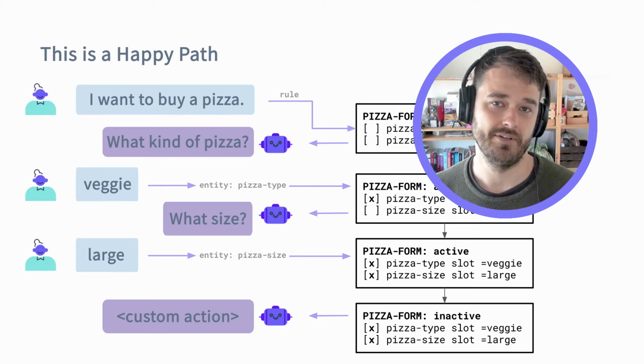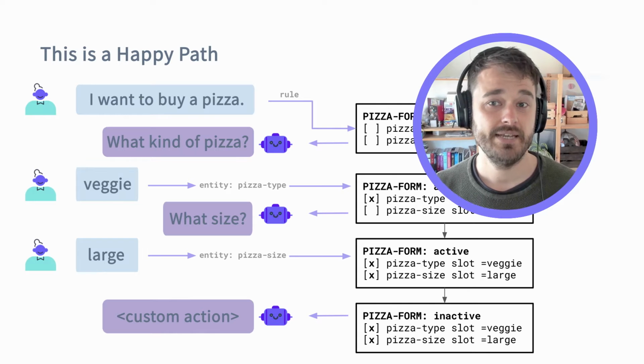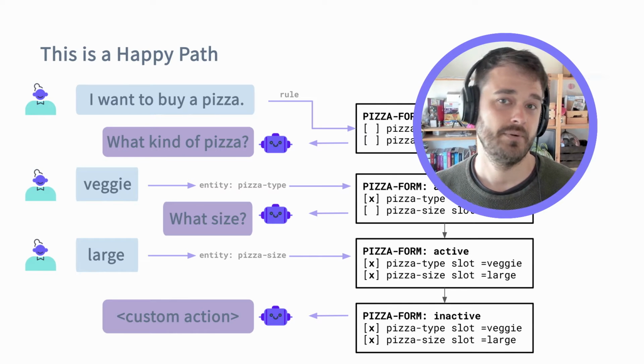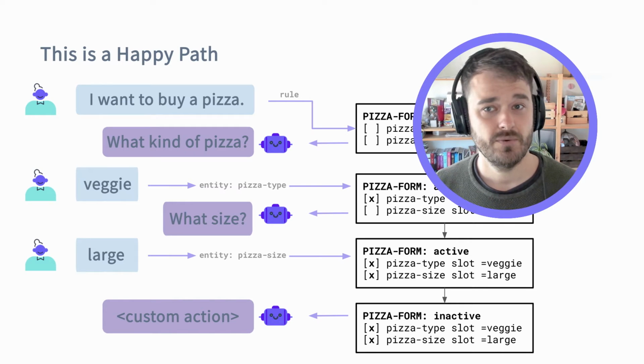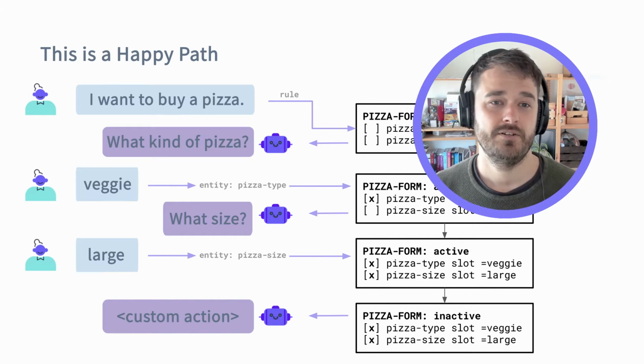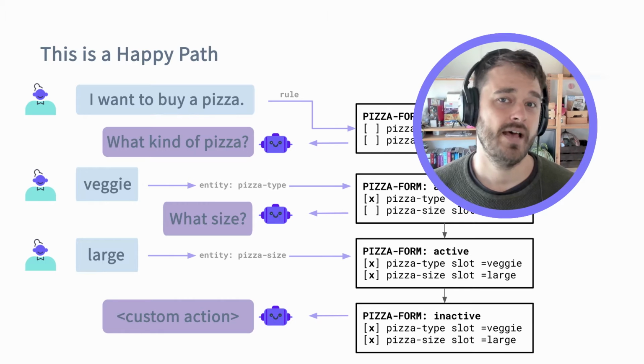Keeping that in mind, if we look back at the diagram, it demonstrates a great starting point, but it's only just a starting point. Very typically, we really want to customize the form such that we can account for some of the common unhappy paths that might occur.